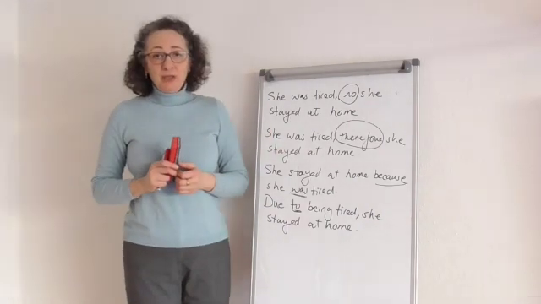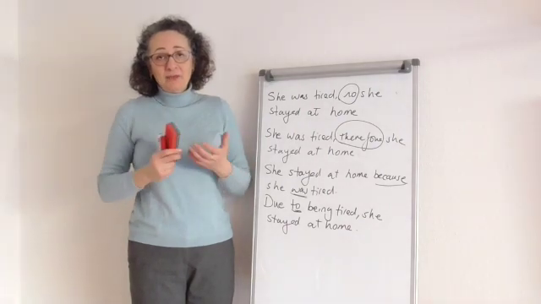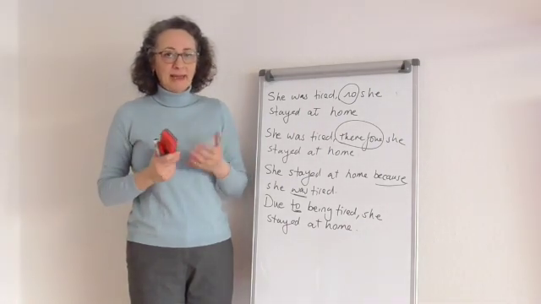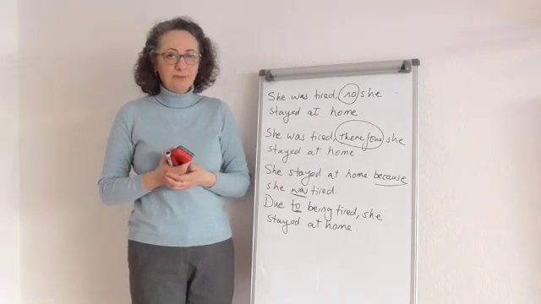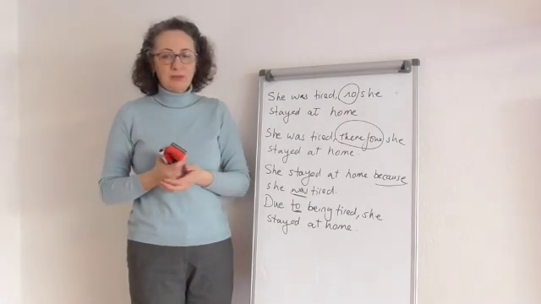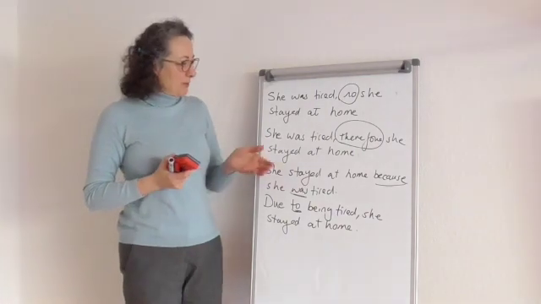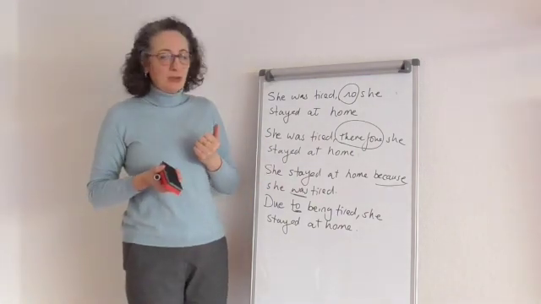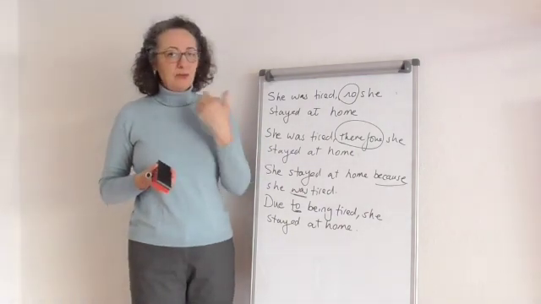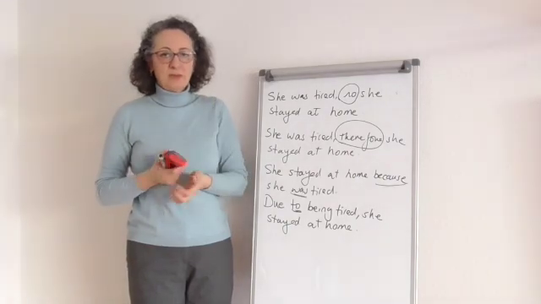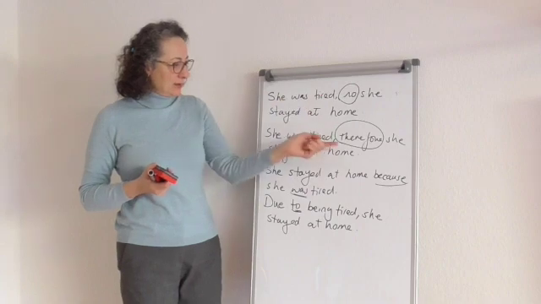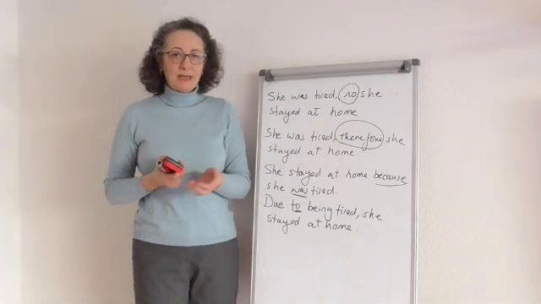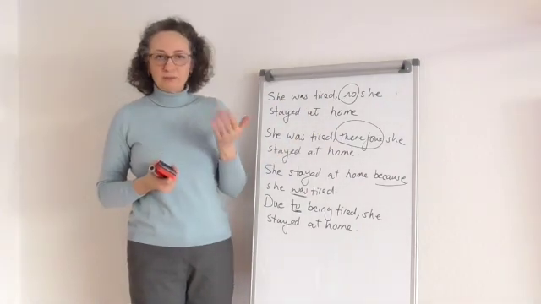For adding information, you can use like and, you can use for example, in addition to, there are a lot more, also, and so on and so forth. For but contrast, you can use although, even though, nevertheless, however, and so on. For so, cause and effect, you can use words like therefore, as a result of, and so on.